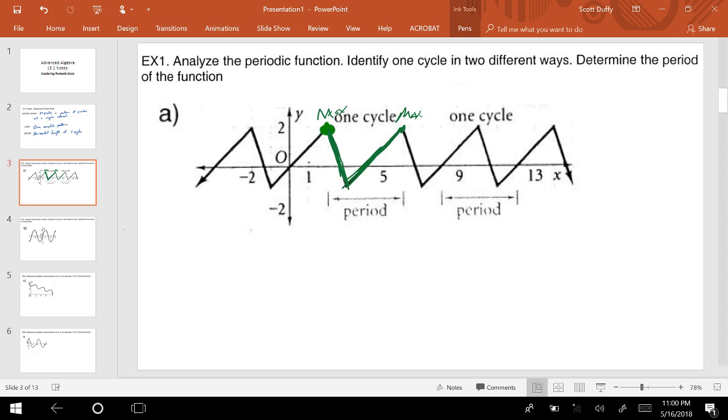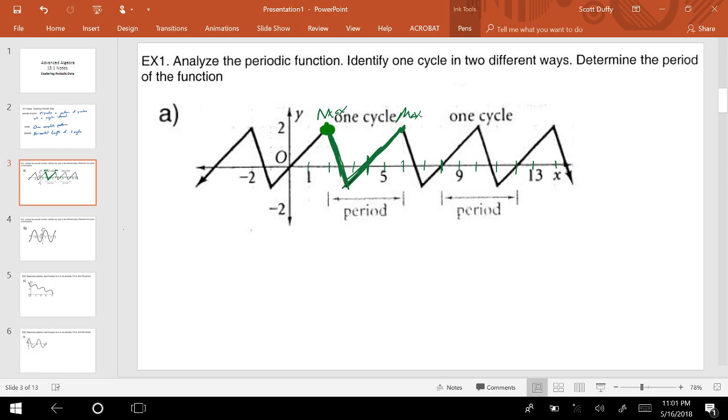Now, if this is where 1 is, that's probably where 2 is. 3 is probably there. 4, I would say, would be right there where it crosses. There's 5, 6 maybe, 7, I'd say 8 would be right there, 9, 10, 11, 12, 13, 14, and so forth.